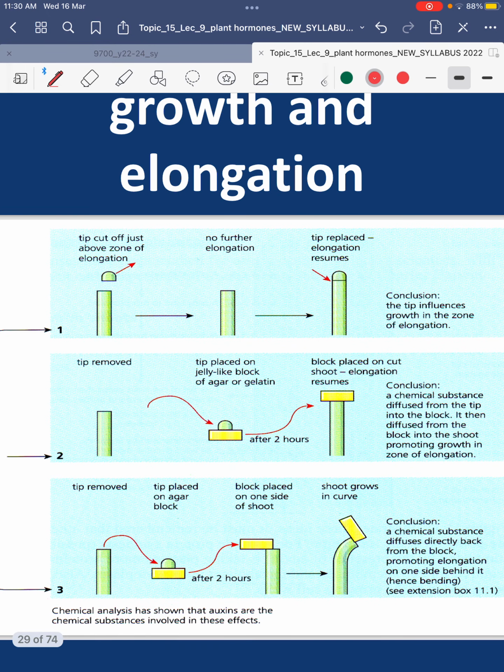If you cut the tip here, there is no elongation. But if you replace the tip, elongation resumes.